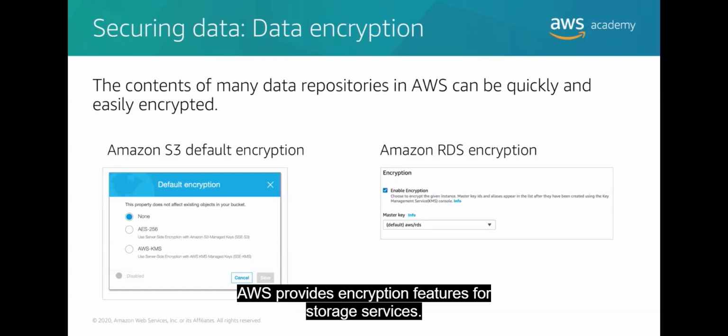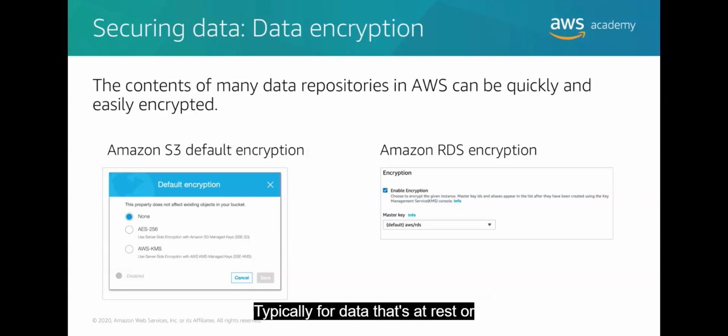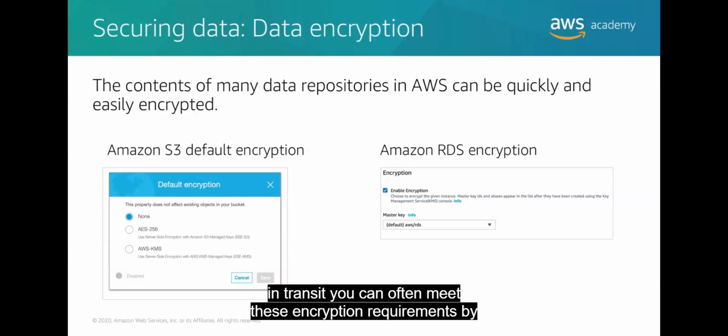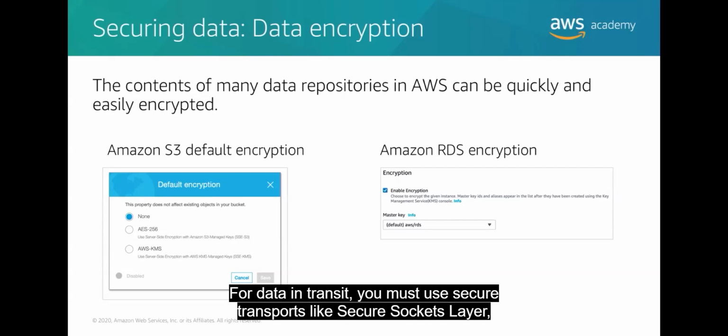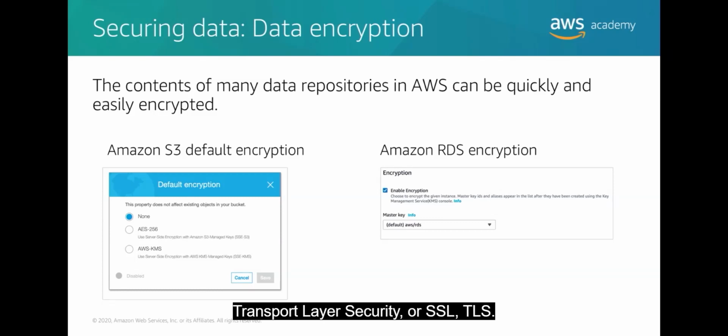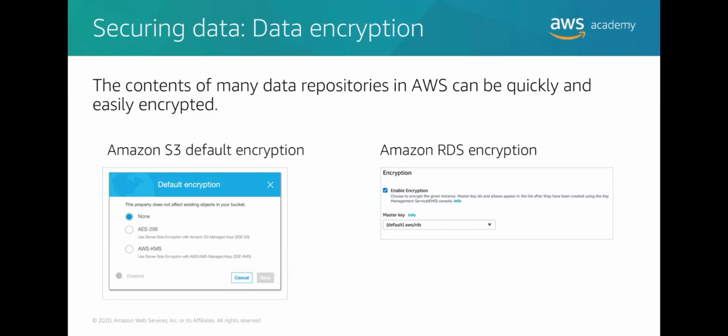AWS provides encryption features for storage services, typically for data that's at rest or in transit. You can often meet these encryption requirements by enabling encryption on the object or service you want to protect. For data in transit, you must use secure transports like Secure Sockets Layer, Transport Layer Security, or SSL/TLS.